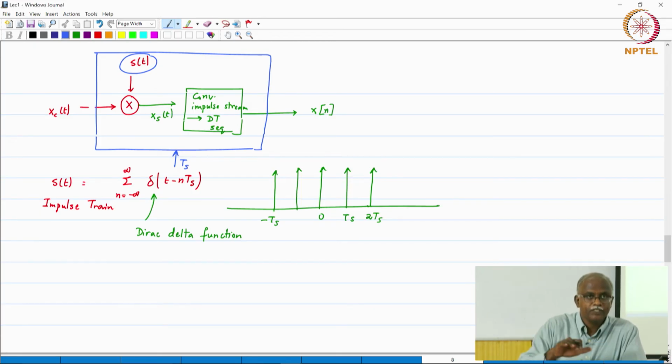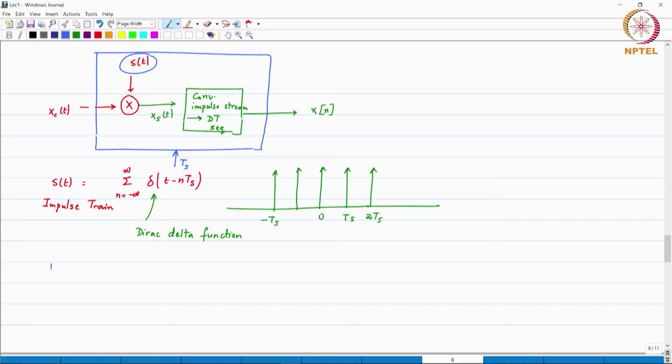Xc of t is a continuous time signal, x of n is a sequence of numbers. We assume that these numbers can have infinite precision, therefore, there is no loss of information at the points where the sampling has occurred. So, this is very important for us. And of course, the Nyquist sampling condition has to be satisfied if you want to do reconstruction.